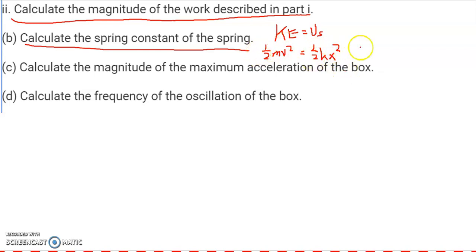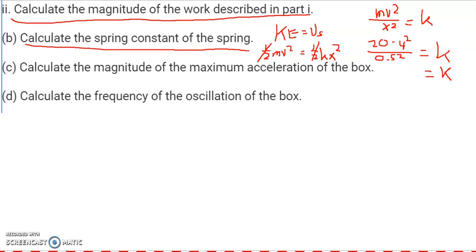Okay, and let's rearrange for k. The 1/2s can cancel out. So that's mv squared over x squared equals k. The mass was 20. Velocity was 4. And the displacement of the spring was 0.5 squared. That should equal k. And so k came out to be 1280. Units are Newton per meter.